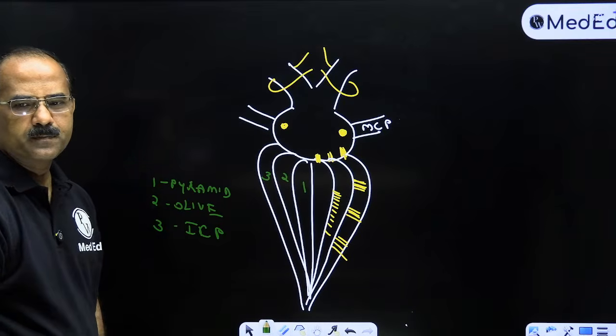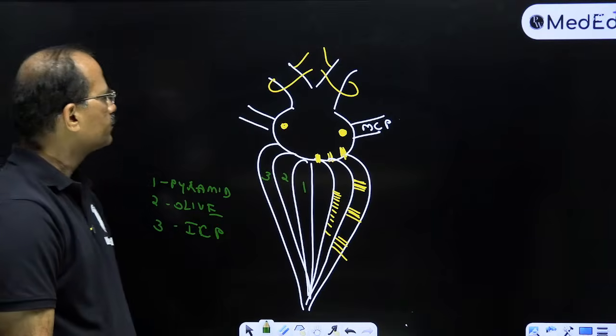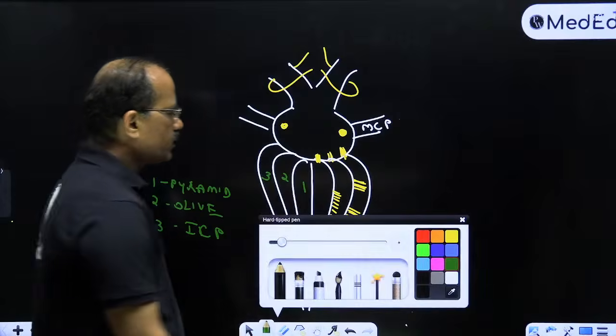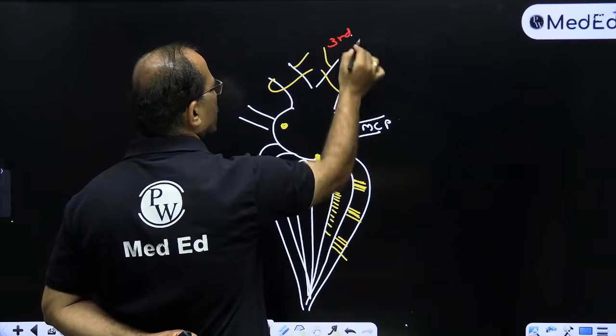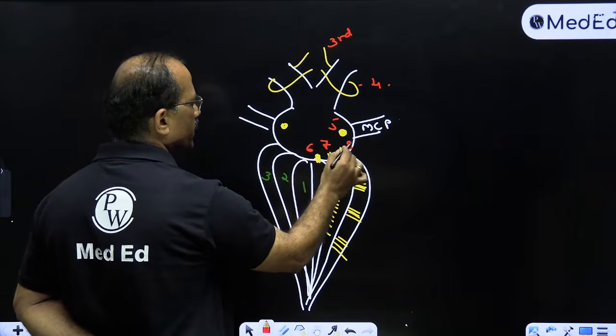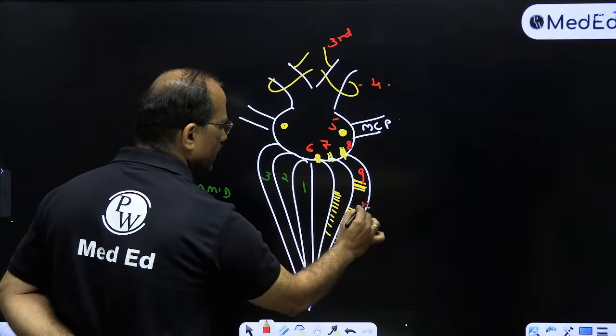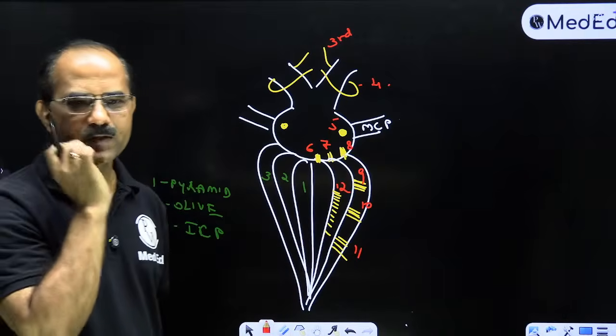Any guesses? So this is the third nerve. What's this now? Fourth. That's the fifth. 6, 7, 8, 9, 10, 11. That's the 12th nerve. This is very important.